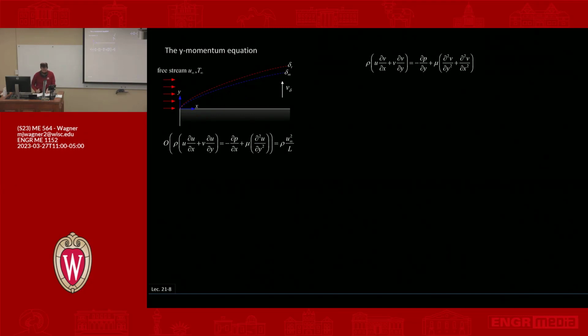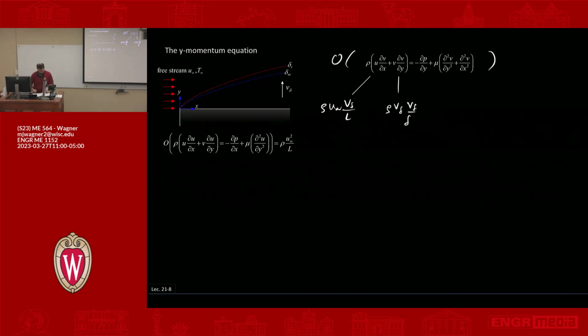Okay, so for y momentum, I'm not going to bother rewriting it. You can sort of go through and rewrite distributing rho and mu throughout. But let's just do the order of magnitude for all of these terms individually. And what do we get? So first term is going to be rho u infinity v sub delta over L. Second term is rho v sub delta times v sub delta over delta.